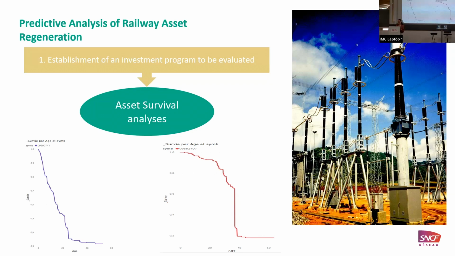So these graphics show the survival curve of two substation circuit breakers, two different circuit breakers. It illustrates the probability of an asset functioning over time without failure.